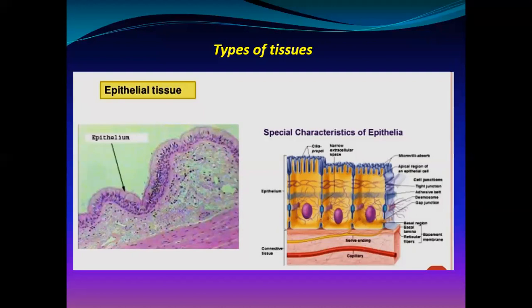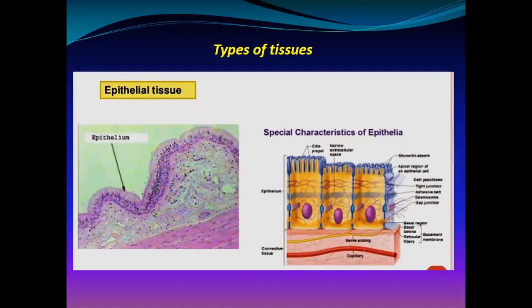Some of the cells line the surface of a tissue; that is epithelium, we call it. These are epithelial cells. You can see the characteristics of an epithelial layer. In the epithelial layers, sometimes you can have cilia, and sometimes you can have microvilli, right?